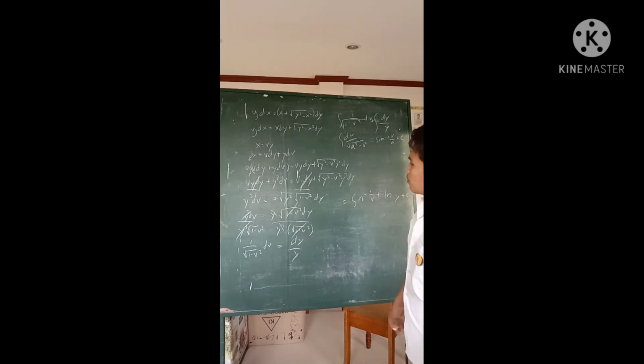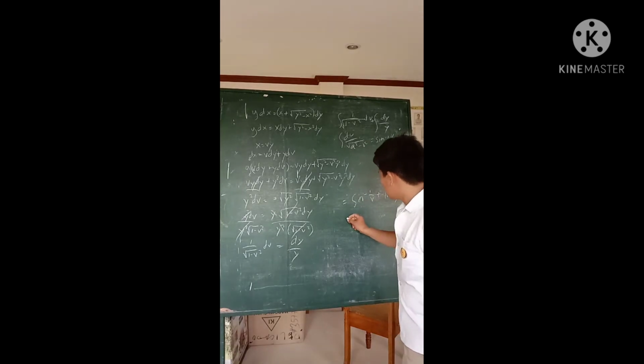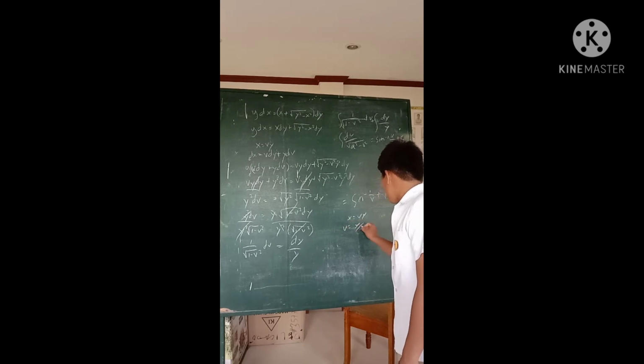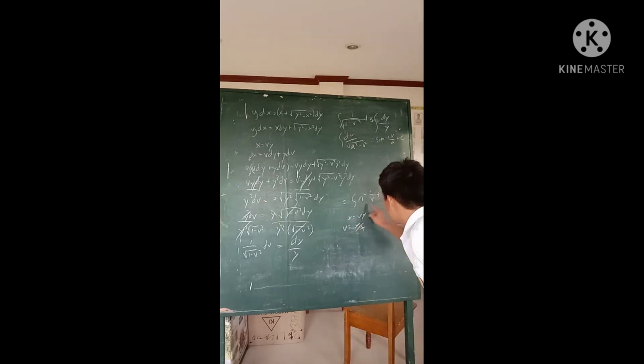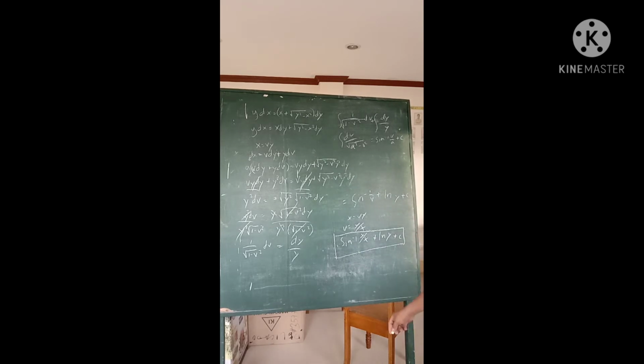Since we set x equals vy, we need to change the variable v to x over y. So sine inverse of x over y plus ln y plus c. So this is the final answer.